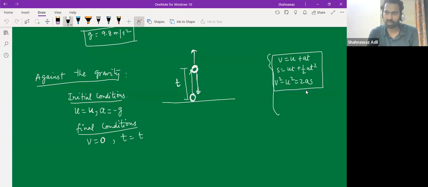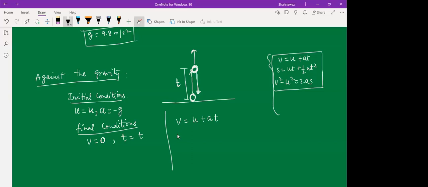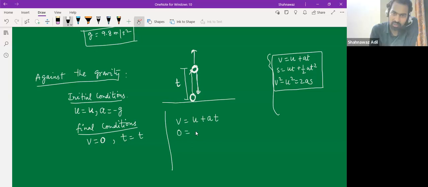Now let us use all these three equations and see what values we get. v is equal to u plus at. v is zero, u is u, and a is minus g, and then t.